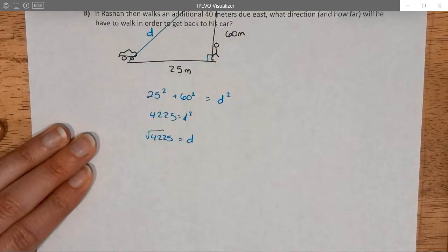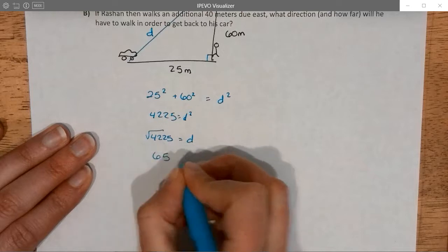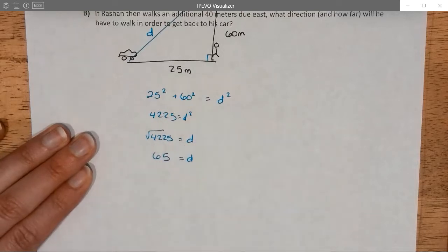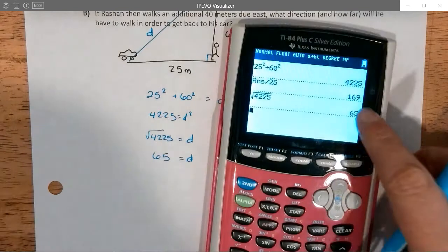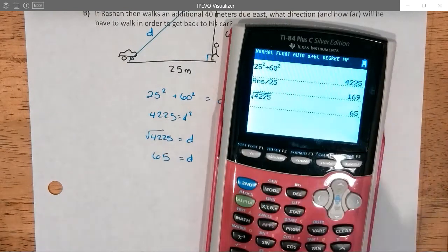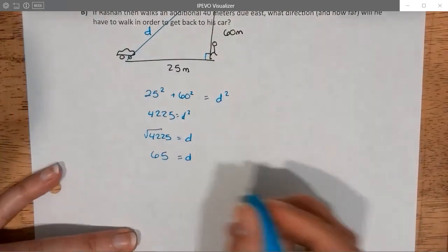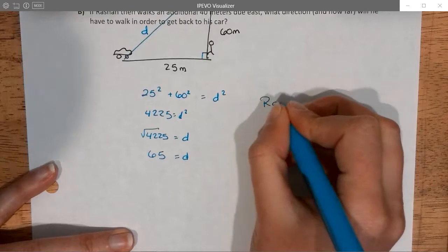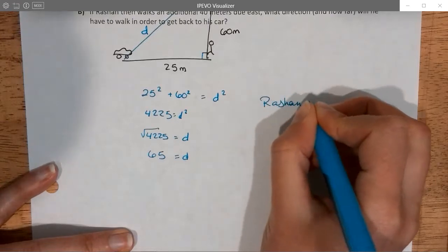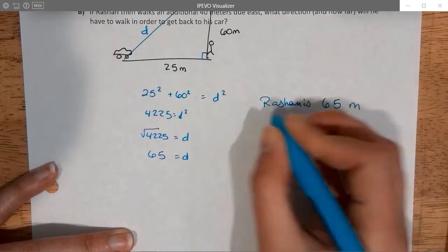Let's see if 4,225 is a perfect square. It is. It's 65. Excellent. I didn't know that at first, but I divided it by 25, and I got 169, which I knew was 13 squared. So then I realized I could take the square root of the whole thing. Just cool. So that means that he is 65 meters from his car.